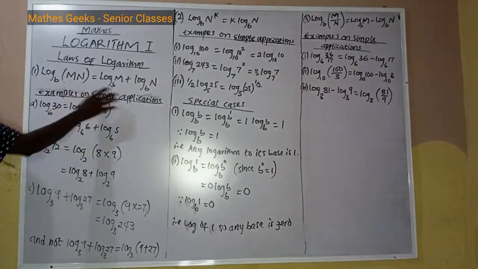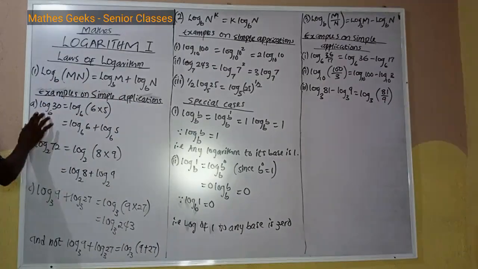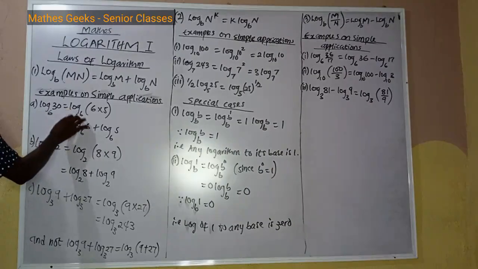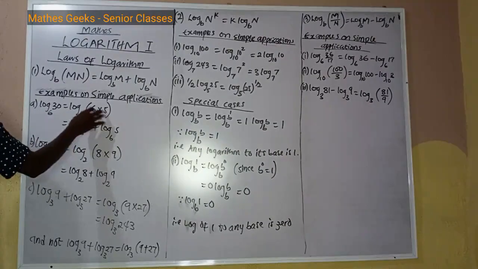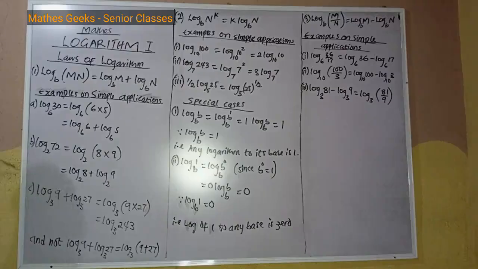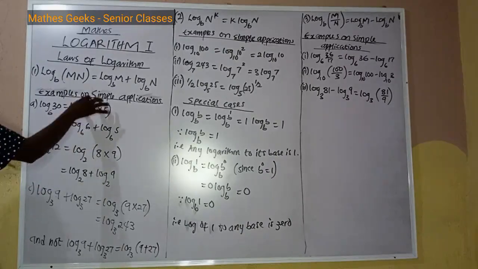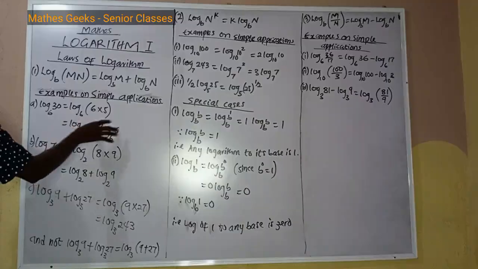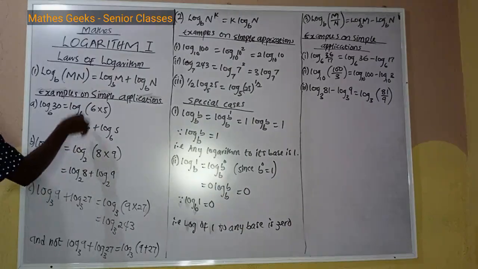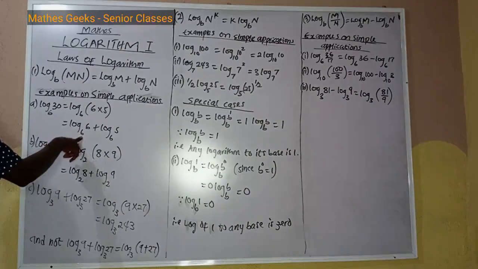Examples on simple applications: log 30 to the base 6 is equal to log 6 times 5 to the base 6. What you do is find two numbers that when multiplied give you 30, and then you take the sum of their logs to the base 6.